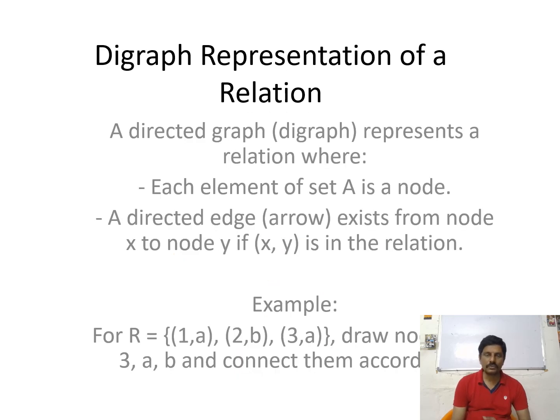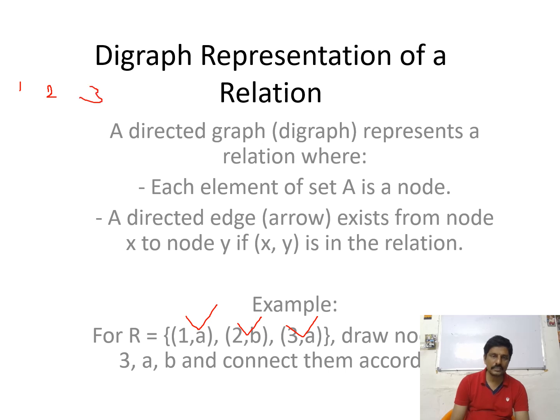Now coming to digraph representation of a relation. What is the digraph representation? We take the elements 1, 2, 3. For example, A equals 1, 2, 3 and B equals a, b. Here the relation is (1, a), (2, b), (3, a). Now we take these elements like this: 1, 2, 3.